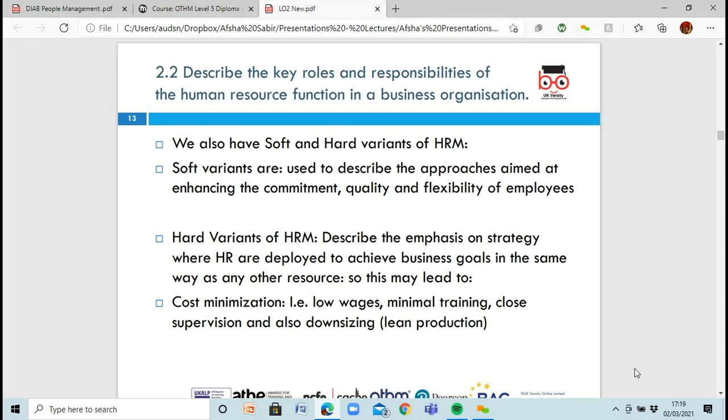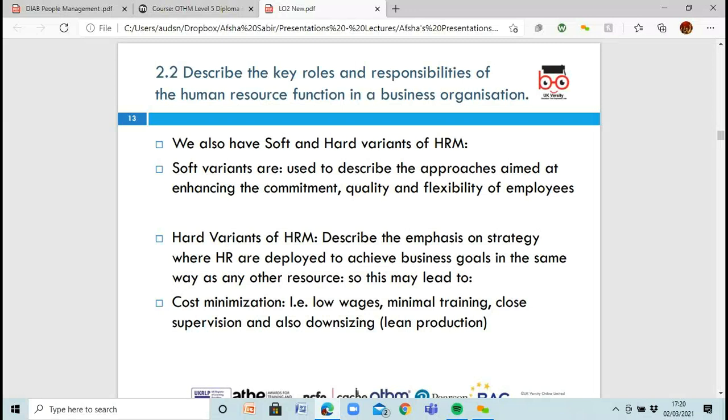The hard variants are things where you're looking at strategy, you're looking at your business goals, you're looking at what sort of resources you can get into and how this can be done. You might look at minimizing your costs. So you might want to have low wages, and you also want minimal training.